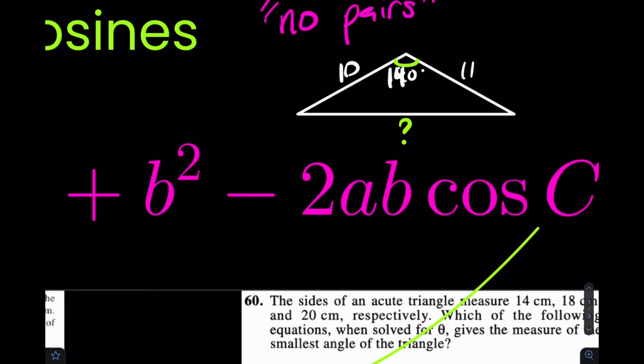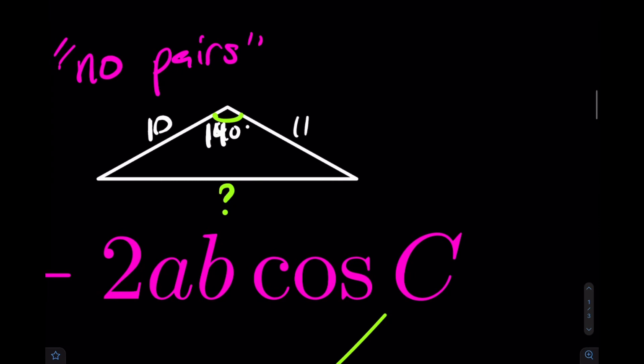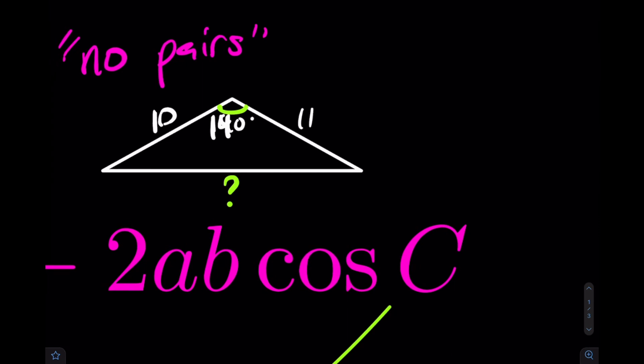So how could we set this one up just so we have a decent example to start from? This one would be c squared equals a squared plus b squared minus 2ab cosine of 140.